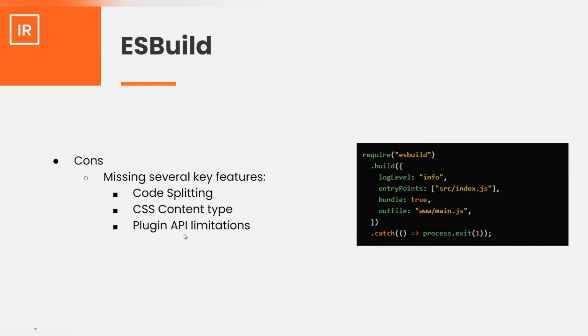So it's not possible to hook into every part of the bundling process. And I don't think it will be, because that's not part of the future plans for now. So that is ESBuild. Let's look into how to start it and build it.